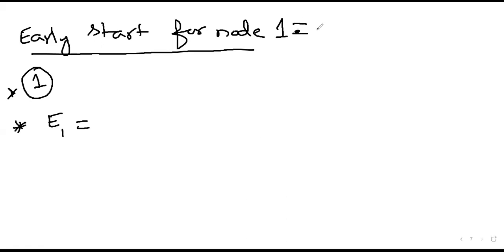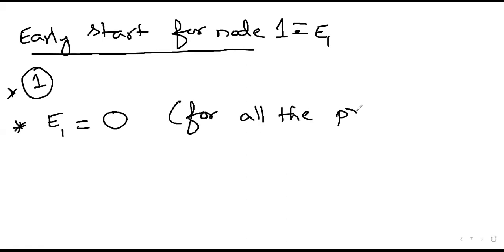Early start for node 1 is represented as E1. Okay, and E1 is 0 for all the problems compulsorily. It's not only for this problem, for all the problems E1 is equal to 0.